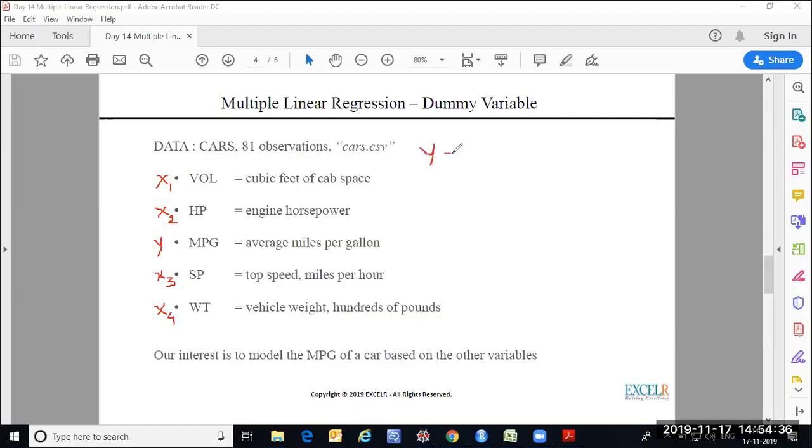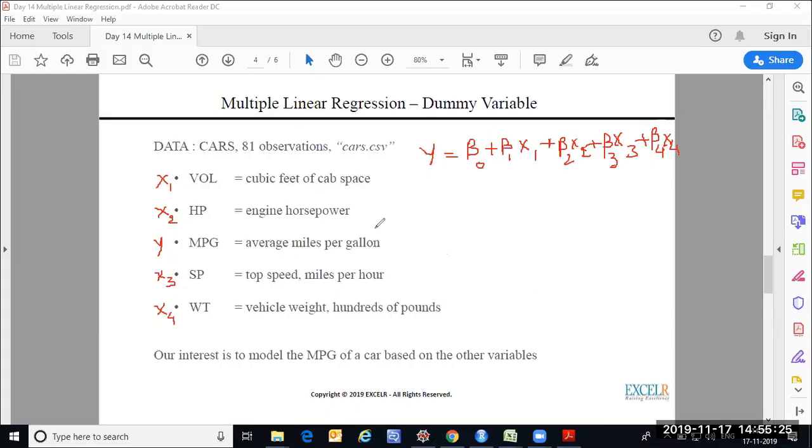Y is equal to beta naught plus beta 1 x1 plus beta 2 x2 plus beta 3 x3 plus beta 4 x4. Clear?